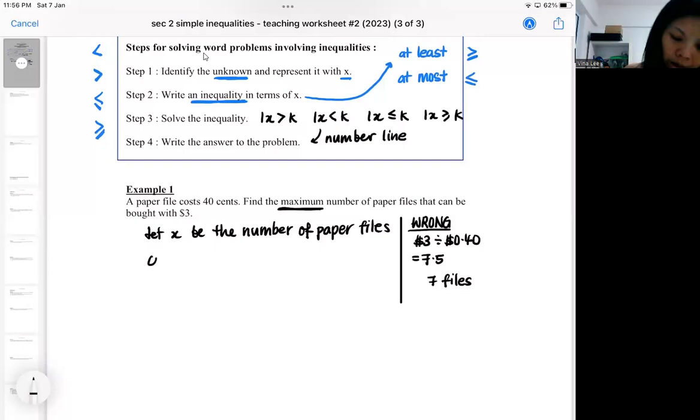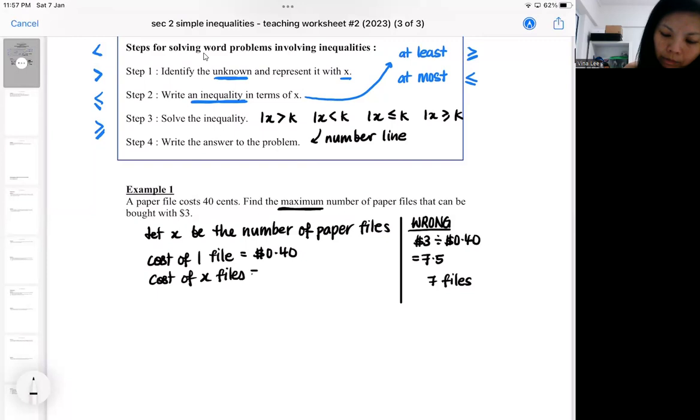So what is the cost of one file? The cost of one file will be this. What is the cost of X files? The cost of X files will be this. And you think about it, you are given $3 to spend.